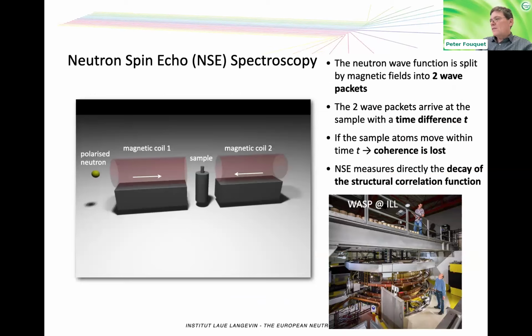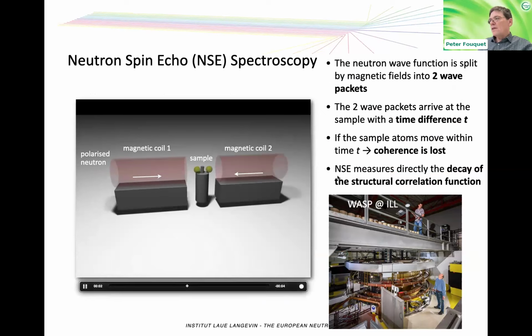Now, a last technique that's very specific for neutrons, and that's the spectrometer where I work, the spectrometer WASP at ILL. There we do a very high resolution technique by exploiting the neutron spin. And we expose this spin to a magnetic field. And with this magnetic field, we split up the wave function of the neutron in two parts.